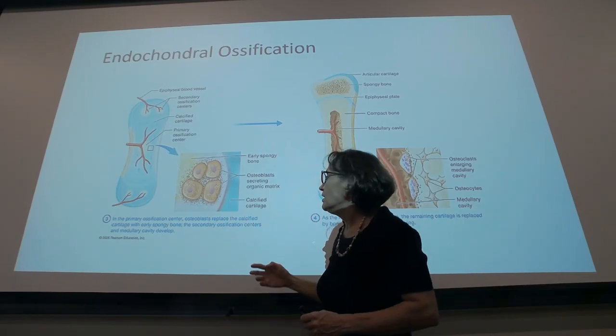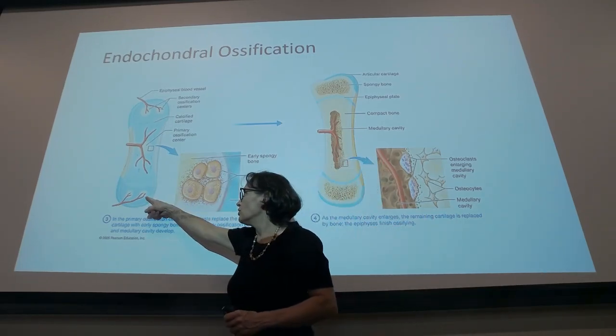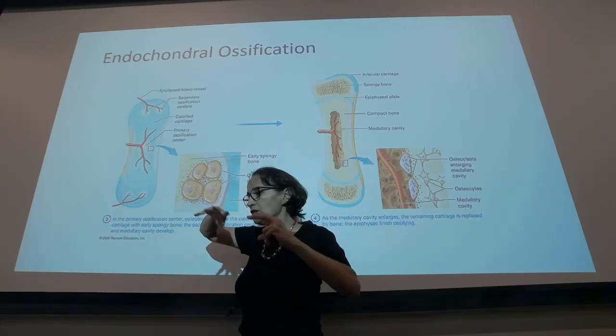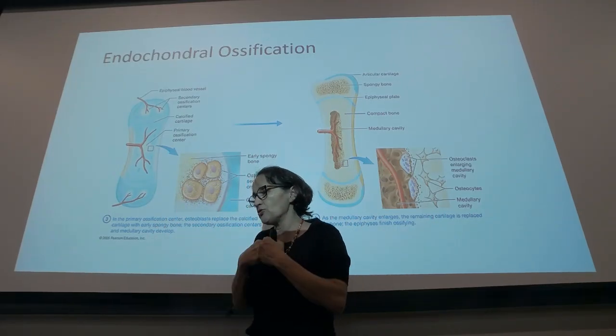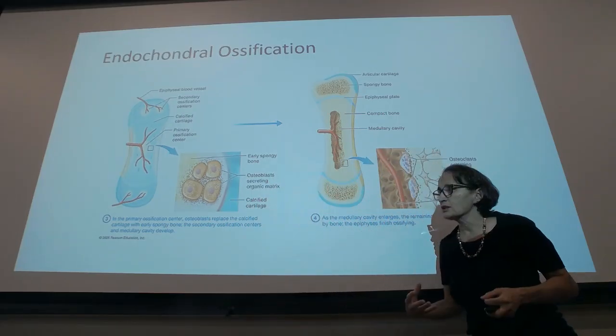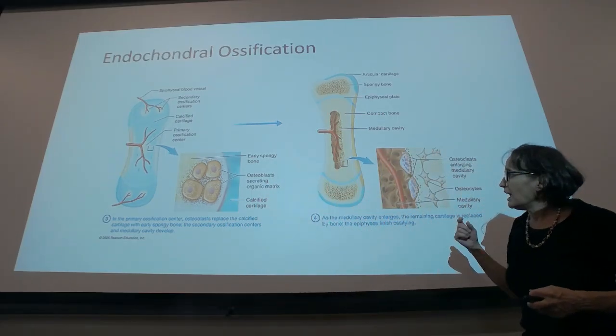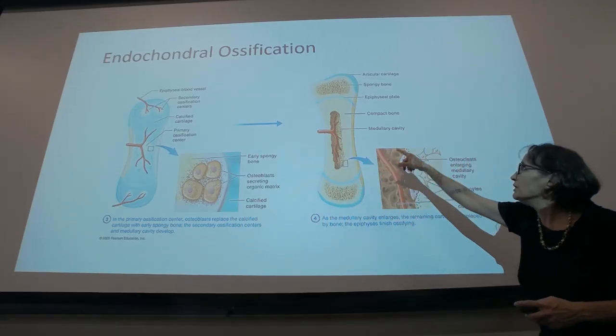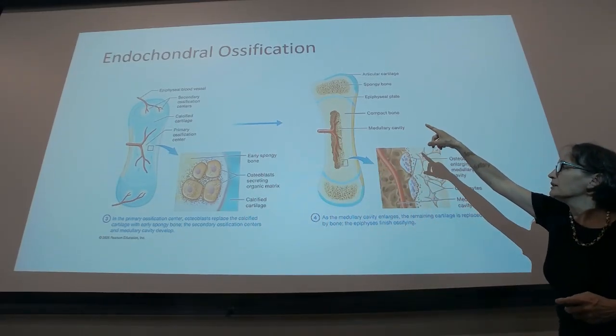Same process, you will have your osteoprogenitor cells becoming osteoblasts that will deposit this osteoid. They will get trapped in them, and then they will form these osteocytes. And the last part that you ossify is this plate. So you leave a little bit of this plate.